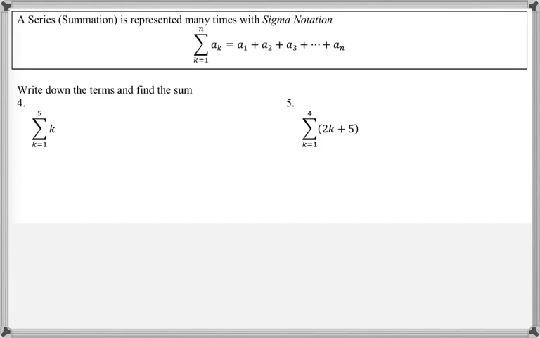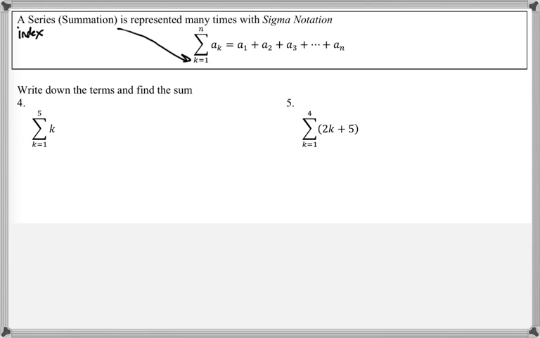Series are many times represented with the sigma notation. So this symbol is called sigma. And what that means is we have k is equal to 1 going up to n. And that is the index.